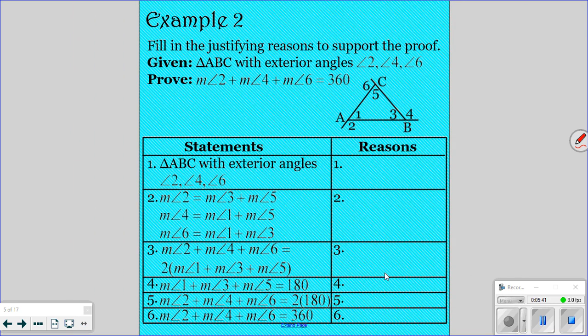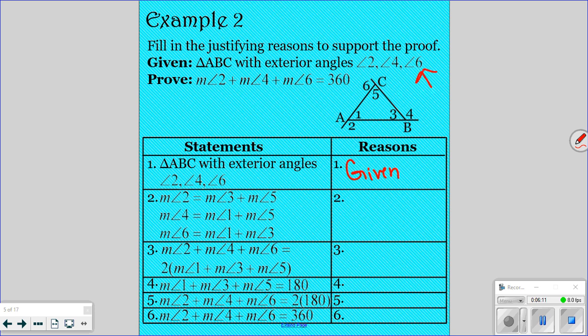We have another example where we want to fill in just the reasons. So it gives us a figure, and it says we have exterior angles 2, 4, and 6. And we want to prove that 2, 4, and 6 add up to 360. So when we go to our reasons, it tells us the triangle with exterior angles 2, 4, and 6. Now, what always goes first for your reason? You're always going to put given for your first one because that's what is given right here.